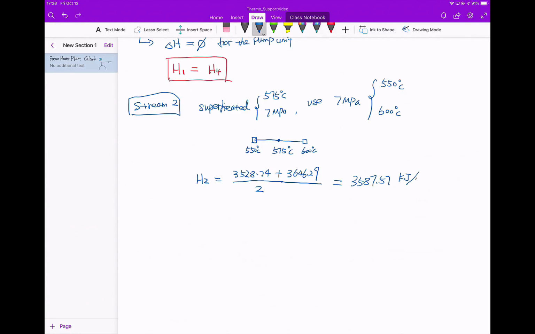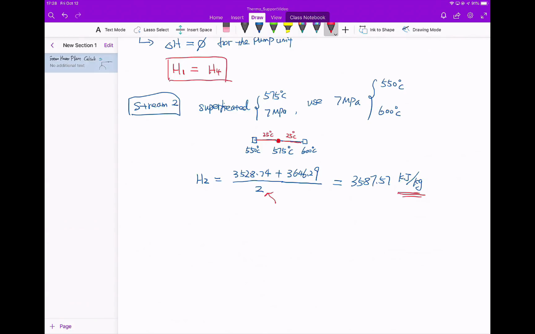kilojoule per kilogram. Pay close attention to the units with the steam table, and that is explained simply because the 2 points are 25 degrees C from the interested condition.